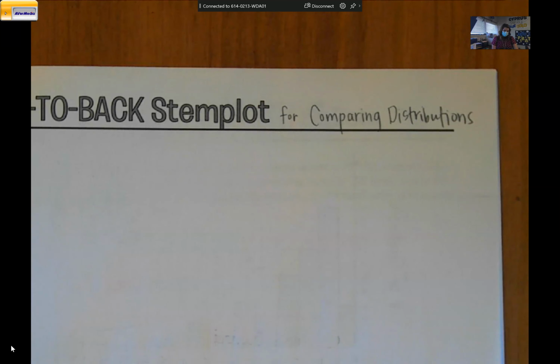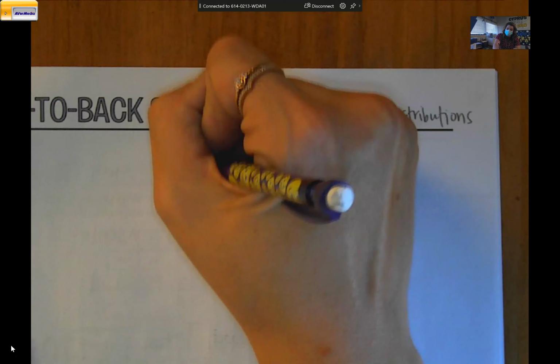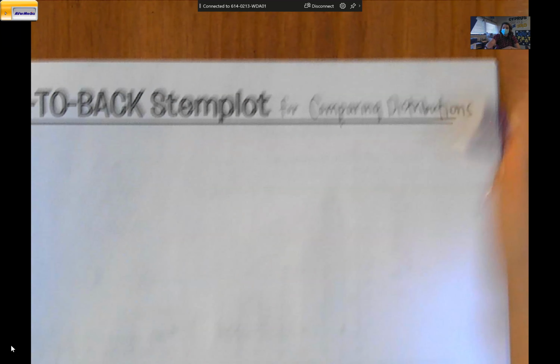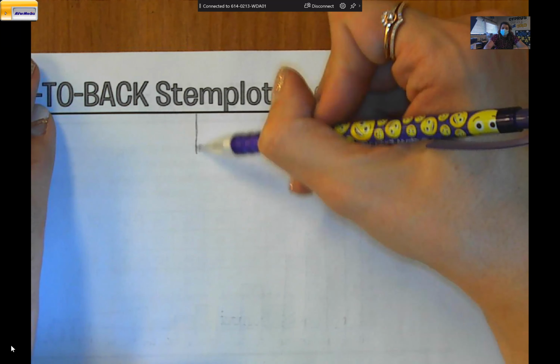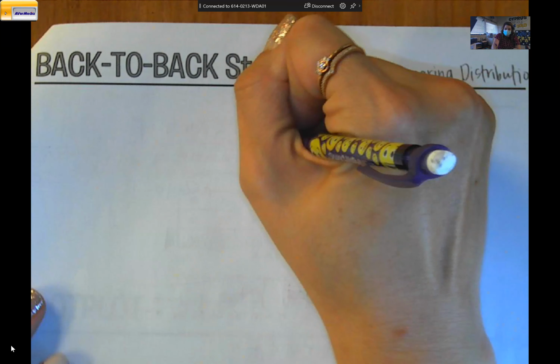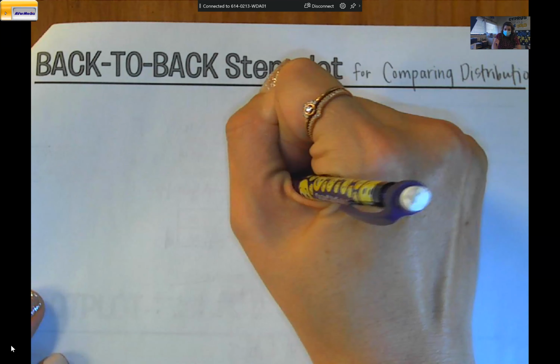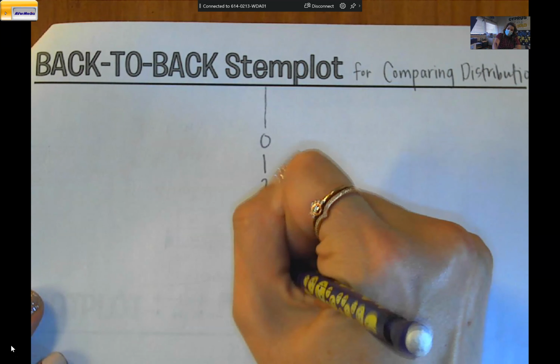We're going to use your shoe data to make a back-to-back stem plot. So I think I'll do stems 0 to 5. Leave a little bit of space here, and then you can do 0, 1, 2, 3, 4, 5.